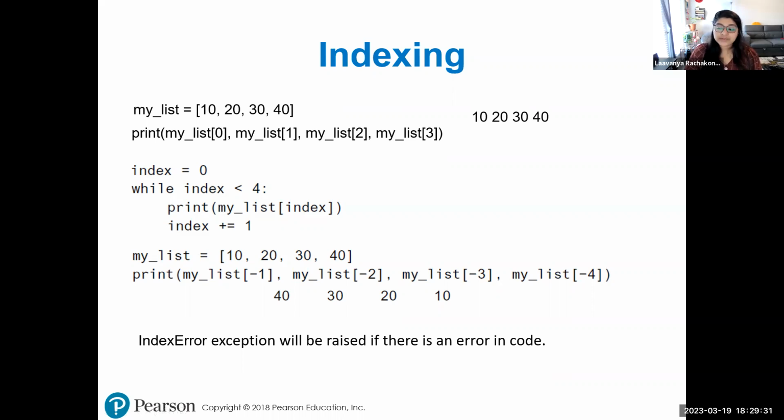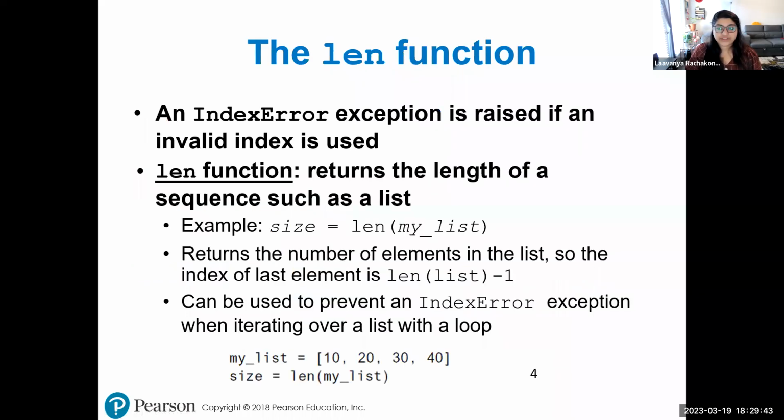So in order to eliminate the possibility of getting the index error exception and to get the total number of elements in a list, we can always use the length function. The length function returns the length of a sequence such as a list.